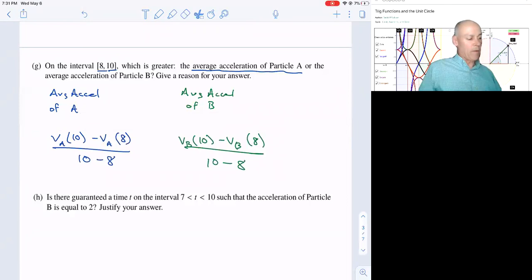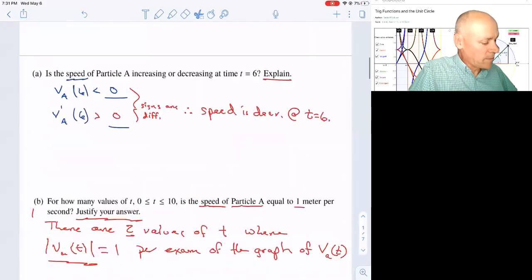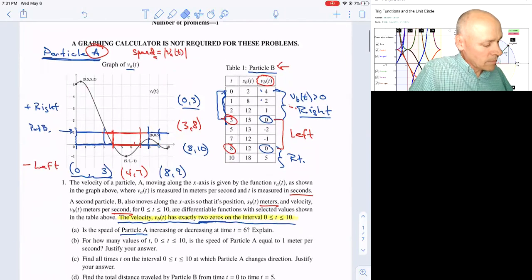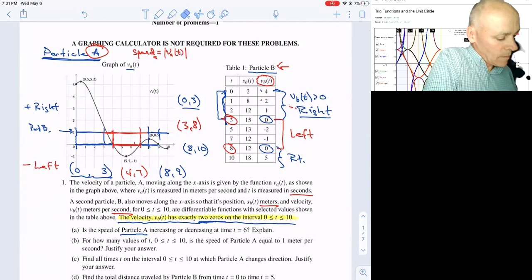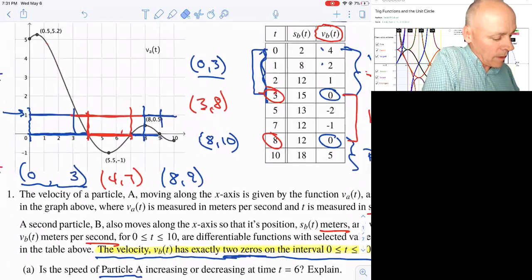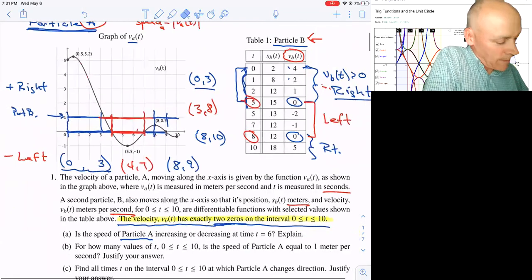So let's look at the velocity of particle A first. So VA at 10, I'm looking at the graph. So I need to know the velocity at 10.